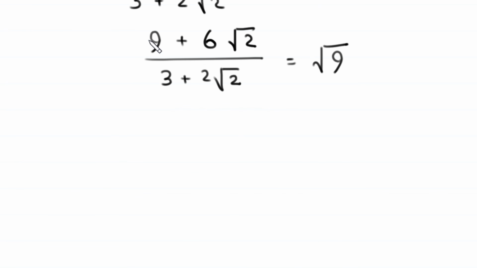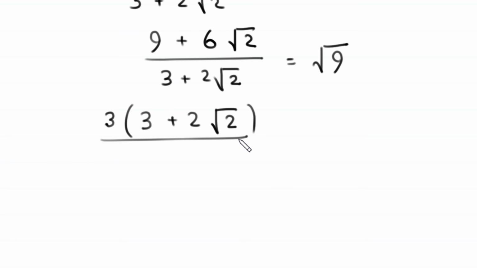Now from the numerator we can factor out 3, leaving 3 times (3 plus 2 root 2) divided by 3 plus 2 root 2. Is this equal to root 9, which is 3?